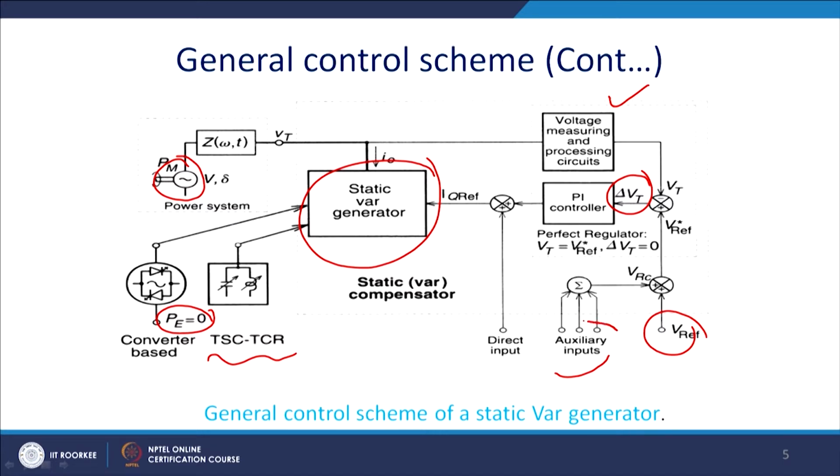You also have auxiliary inputs, and from there you have a direct input, and essentially you compute what your IQ reference is. This IQ reference you may get from a hybrid STATCOM, or you may have this kind of control device, so that you require to inject a voltage proportional to the IQ ref.